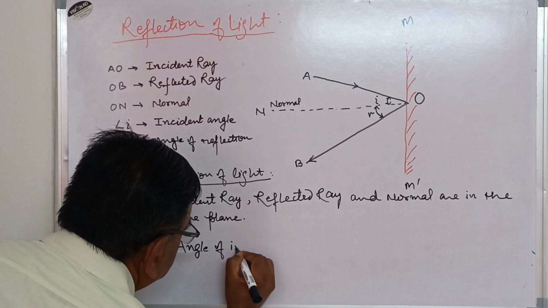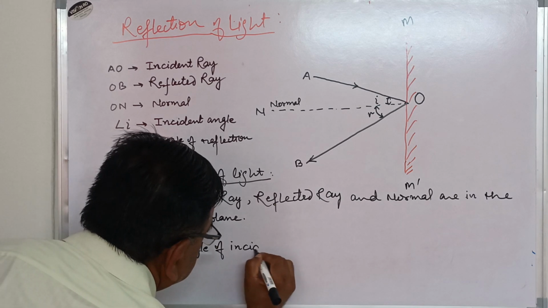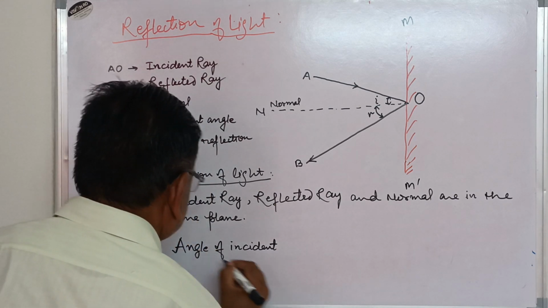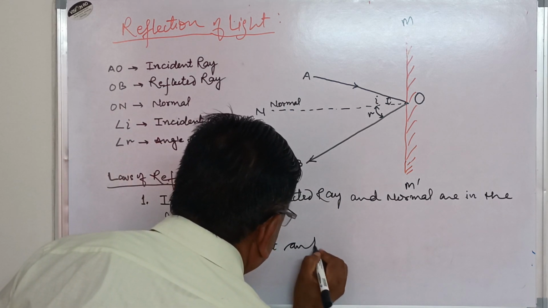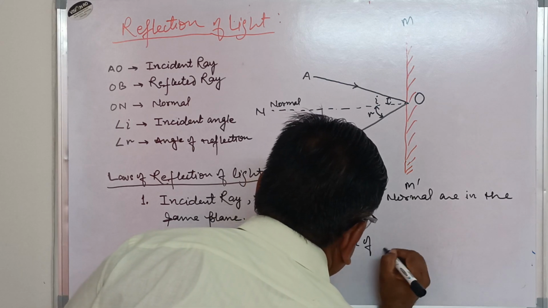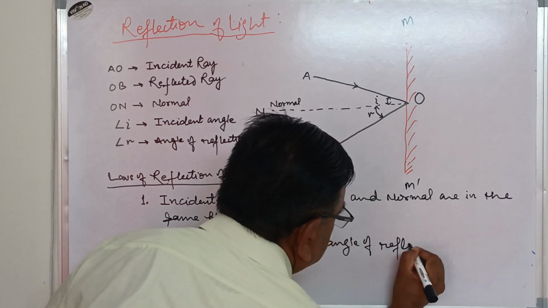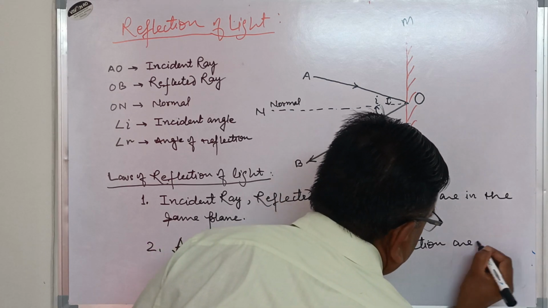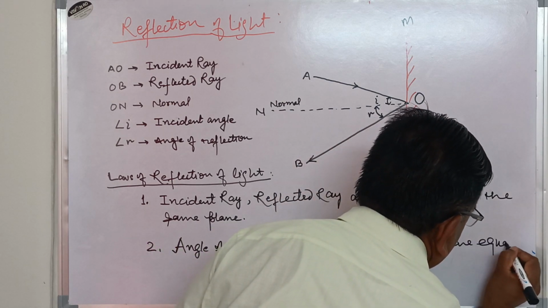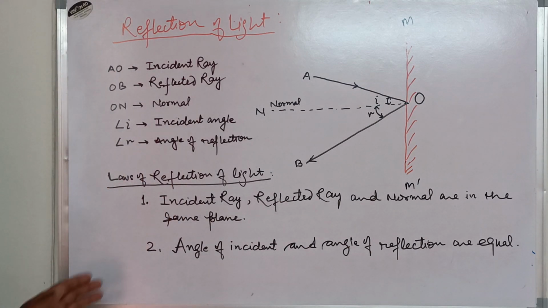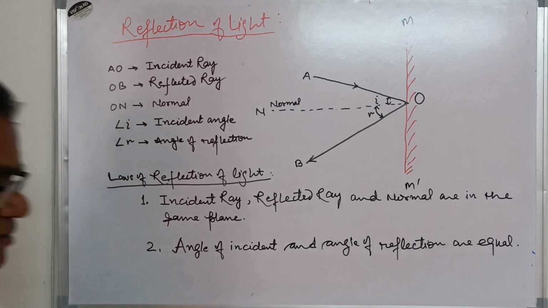Angle of incidence and angle of reflection are equal. These are two laws of reflection.